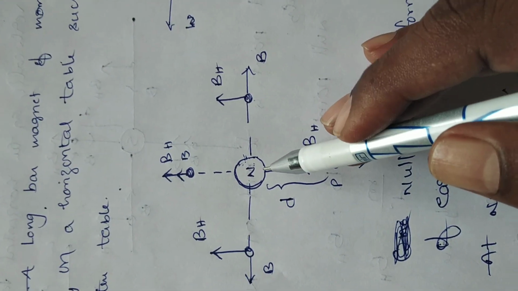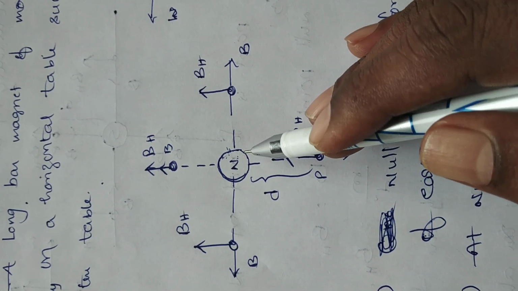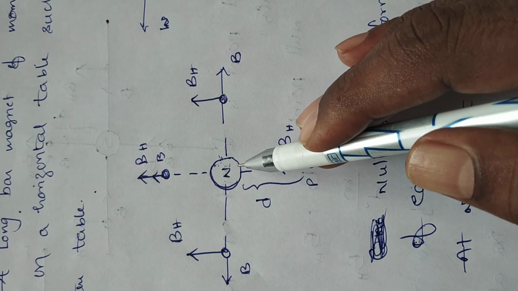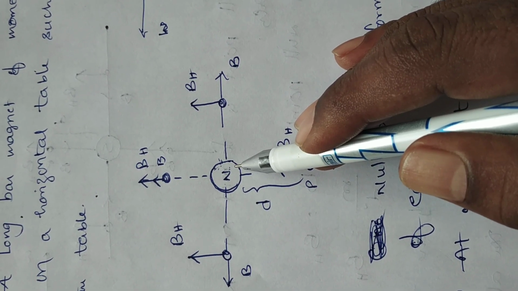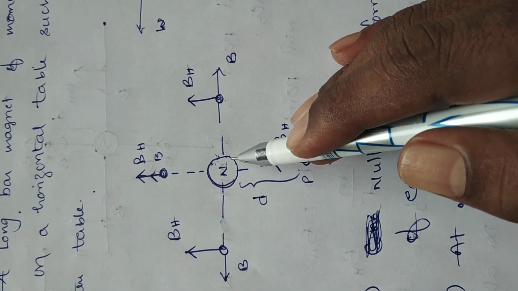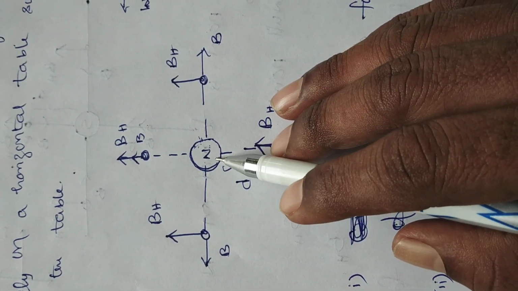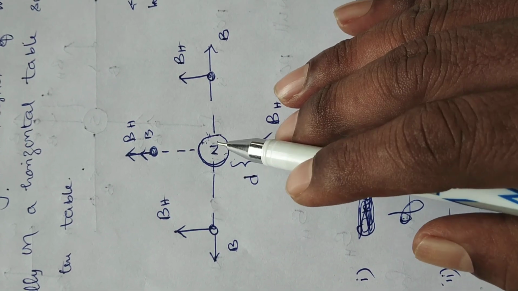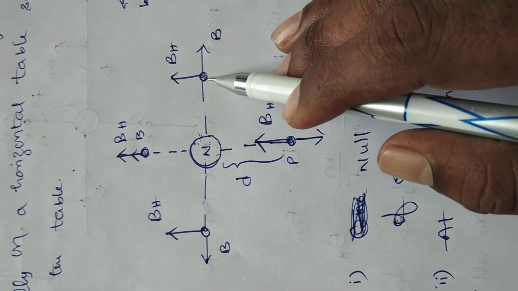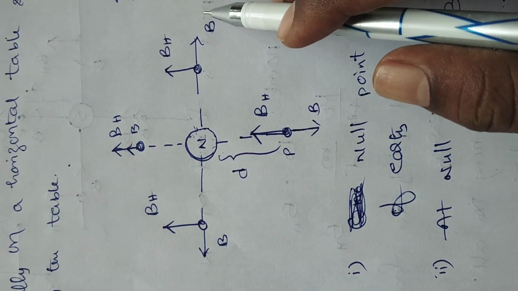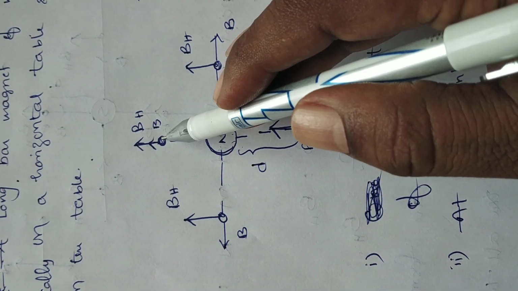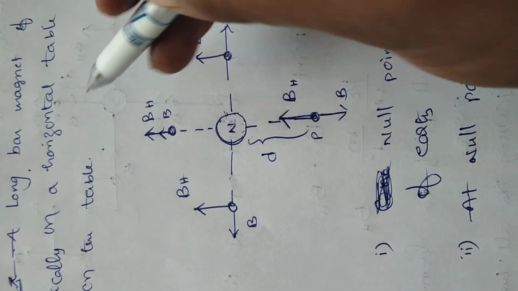You know very well, magnetic induction due to an isolated pole is always directed away from the north pole, or towards the south pole. It is a north pole, you know. The magnetic induction due to it at this point, B, will be directed away from it. At this point also B will be directed away from it.